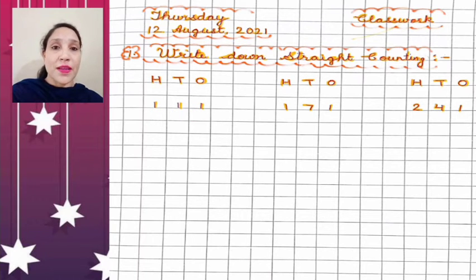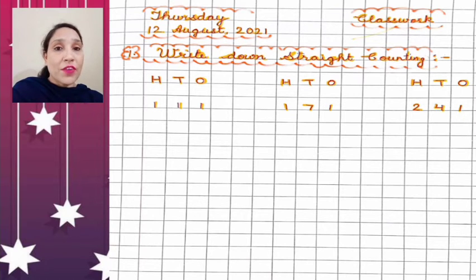Now see the next number. There is number 171 given. And you will write here the next number of 171, that is 172. Like this you will complete this series of counting. Now see the next number is given 241.